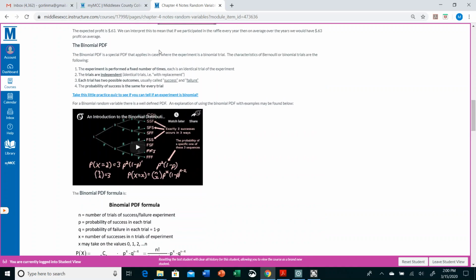And here's information about the binomial probability density function. So what's a binomial experiment? It's an experiment that's performed a fixed number of times where the trials are independent. Each trial has two possible outcomes, success or failure, and the probability of success at every trial is exactly the same.